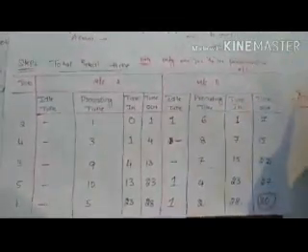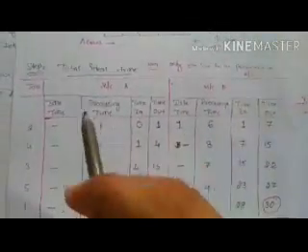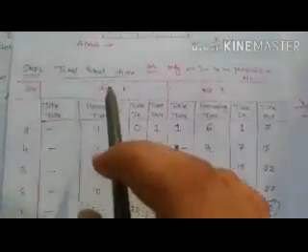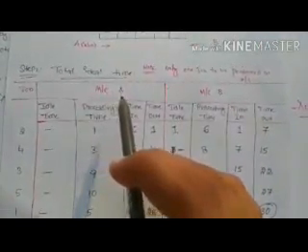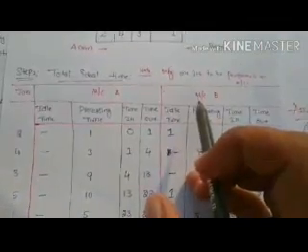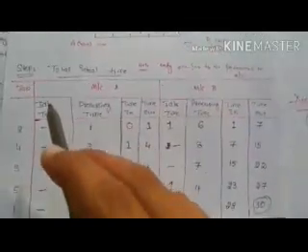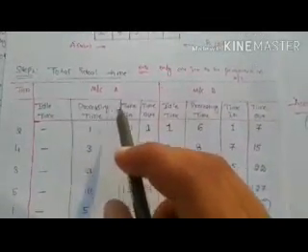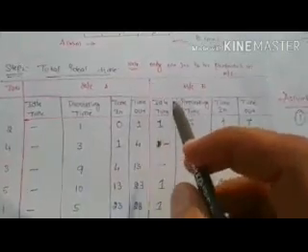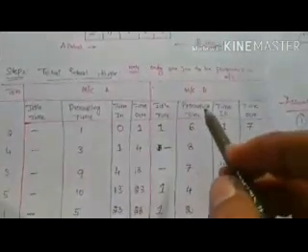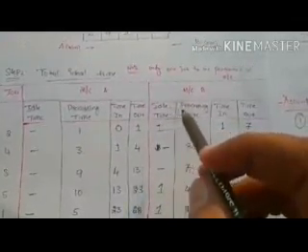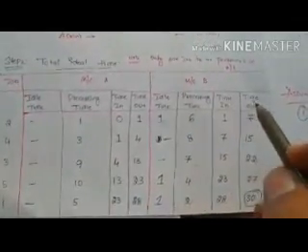Here is the table we have to draw. The first is job, then machine A, and second is machine B. Then we follow the tabular columns: idle time, processing time, time in, time out. The same is to be represented for machine B also: idle time, processing time, time in, time out.